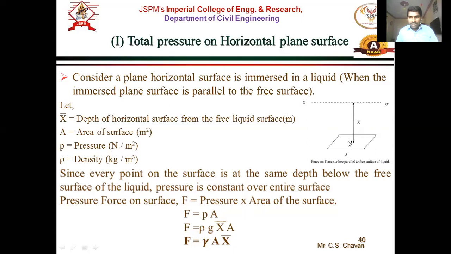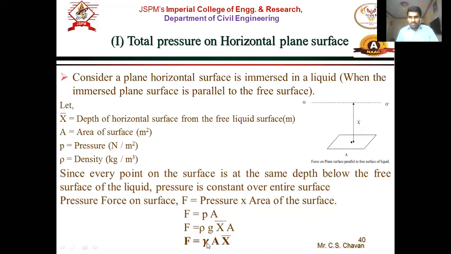So we have to locate the centroid, and we have to see at what depth this centroid will be existing from the free liquid surface, right? So this x bar is nothing but the depth of the surface from the free liquid, right? So from the free liquid surface to the centroid we have to measure, that is the depth, x bar. So three things we have to get to find the force.